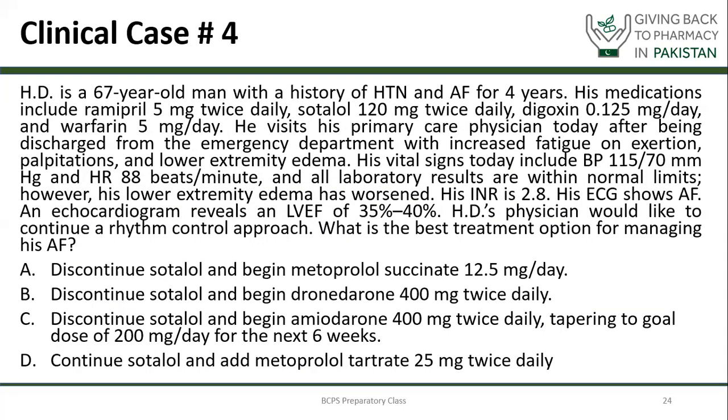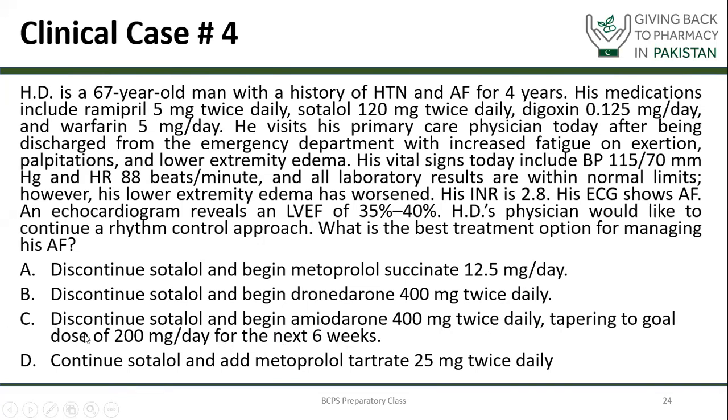Discontinue sotalol and begin metoprolol succinate. Although you have to discontinue sotalol, metoprolol will not help in this. Discontinue sotalol and begin dronedarone. This can be an option, but in heart failure, particularly, we have amiodarone and dofetilide options. Discontinue sotalol and begin amiodarone 400 milligram twice daily, tapering to the goal dose of 200 milligram per day over the next 6 weeks.